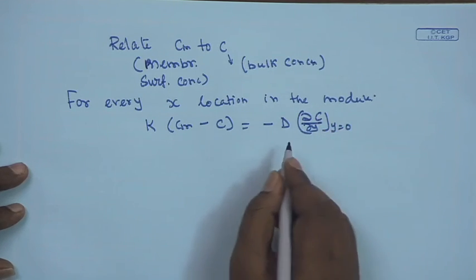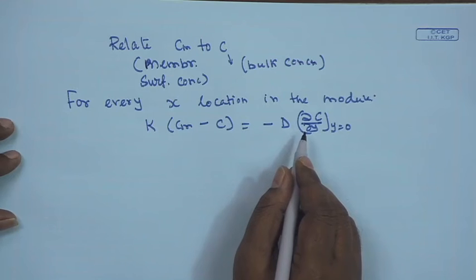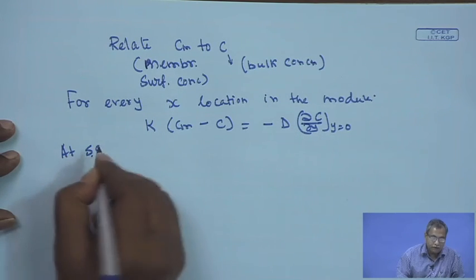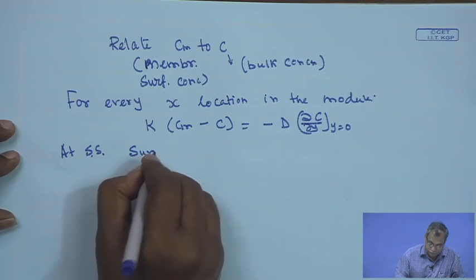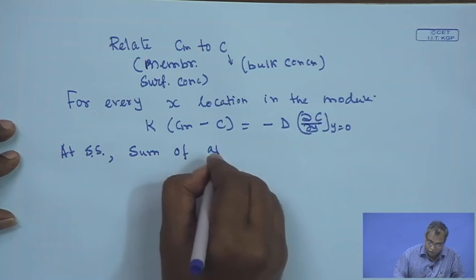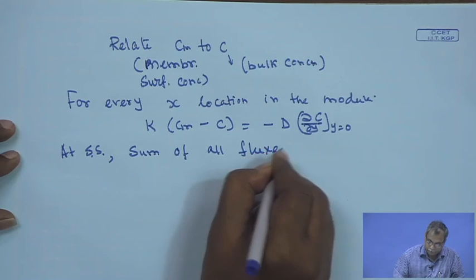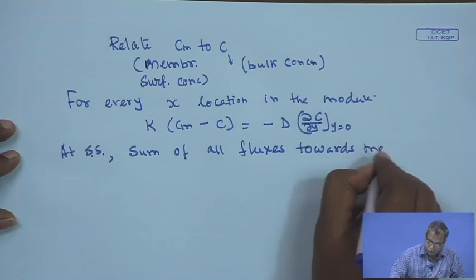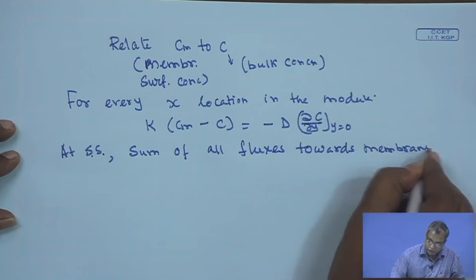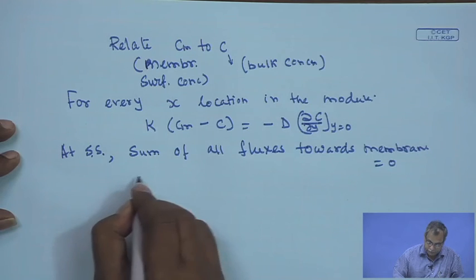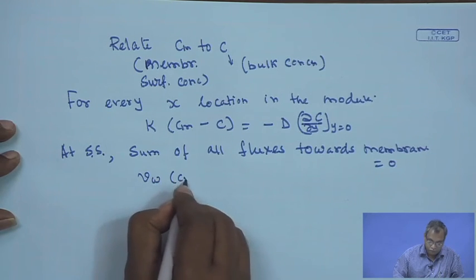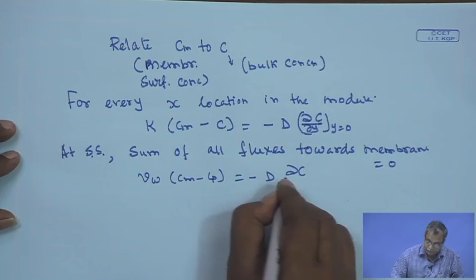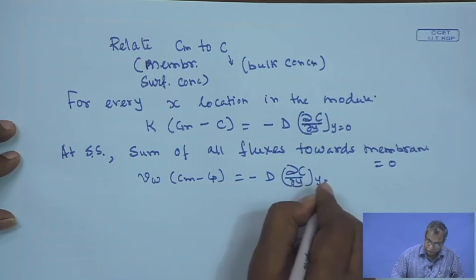Okay. So, this is the definition of mass transfer coefficient that is valid at every location, and at steady state we have seen earlier also sum of all fluxes towards membrane equal to 0. So, if you do that, this becomes VW (Cm minus Cp) is equal to minus D ∂C/∂y at y equal to 0.